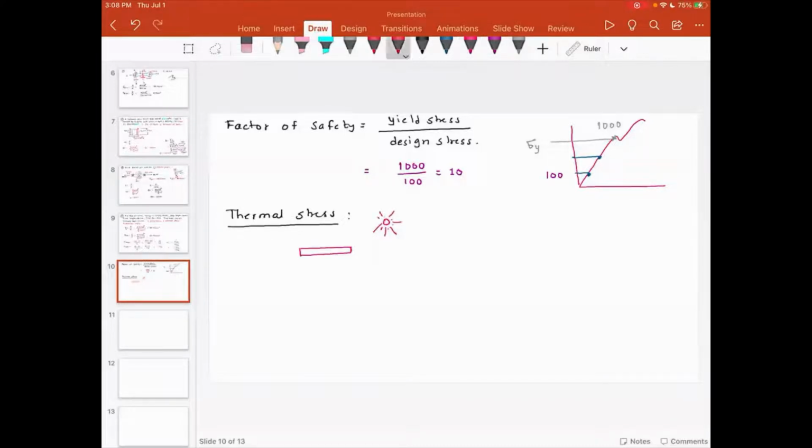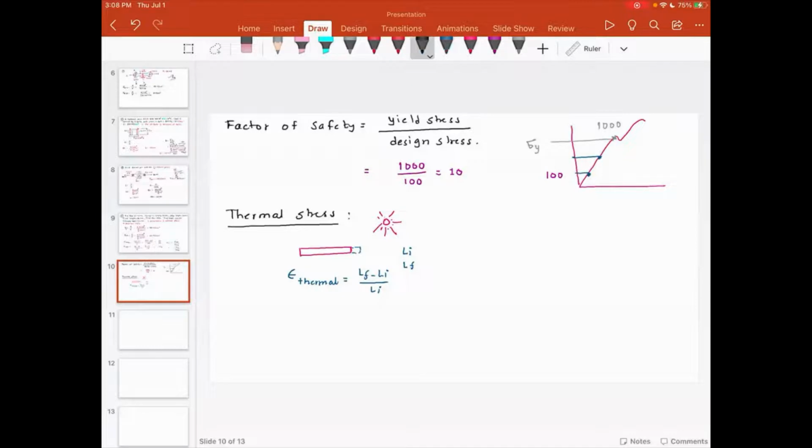And what happens? Because of the heat, the rod gets extended. Its initial length was Li. Because of the temperature, its final length became Lf. So at this point, this has thermal strain, which means Lf minus Li divided by Li. This has thermal strain, but there is no stress.